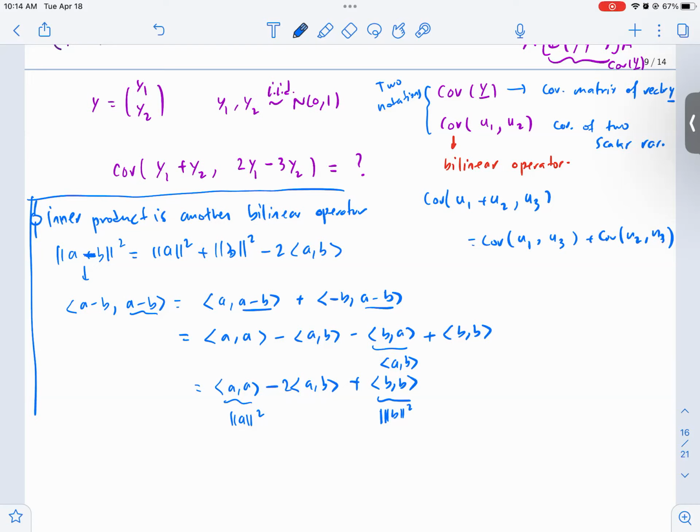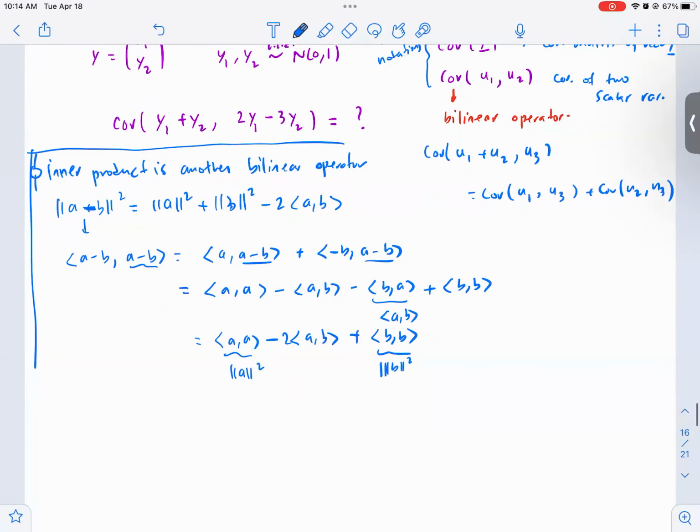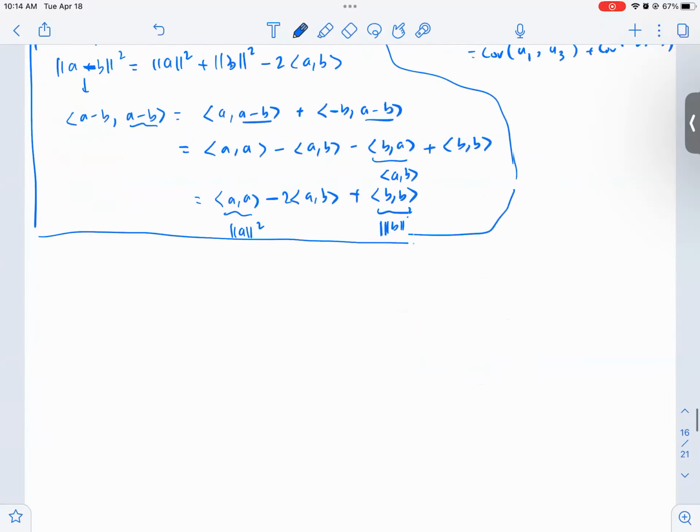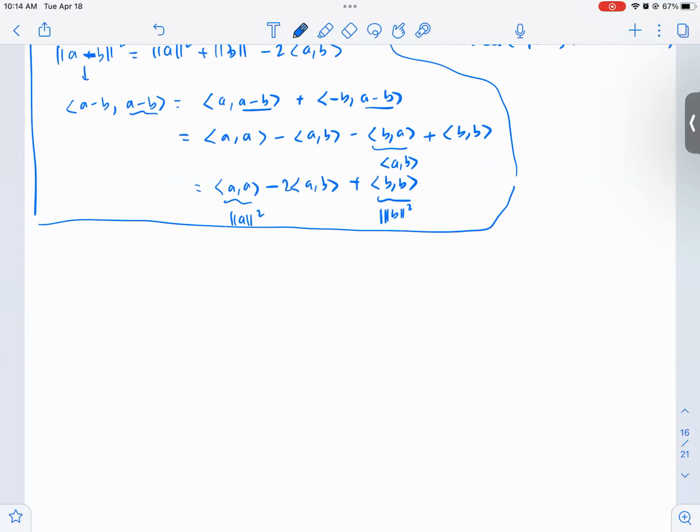So if I have the covariance of u1 plus u2 and on the other side u3 and u4, you get 4 terms. The easiest way to understand how a bilinear operator works is if I give you two numbers, u and v in the reals.